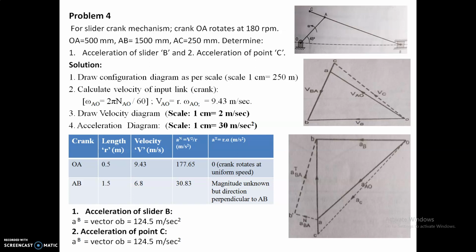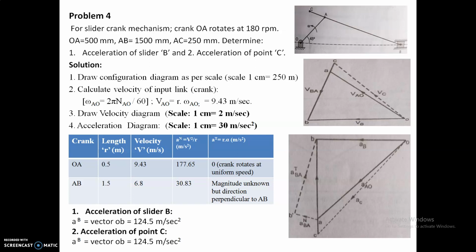You put that value of omega in the velocity equation and you will get the velocity of crank AO equal to 9.43 meter per second. Based on that value of velocity, you take the scale for the velocity polygon. I have taken the scale 1 centimeter is equal to 2 meter per second.